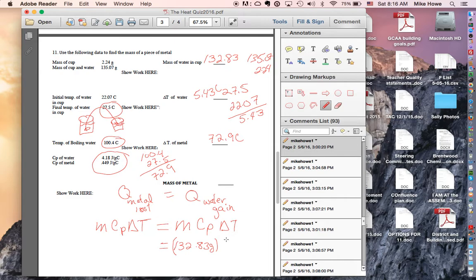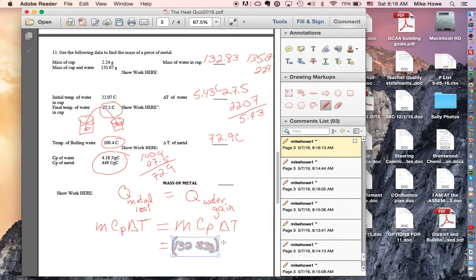So the water was 4.18 joules per gram degree C. And the change in temperature of the water was, from up above, 5.43 degrees.